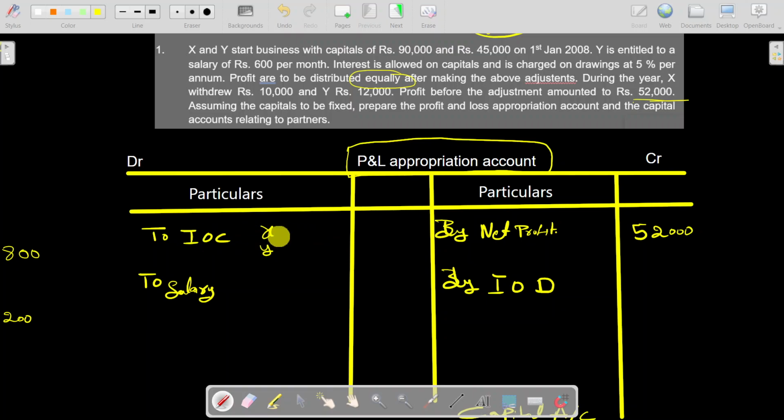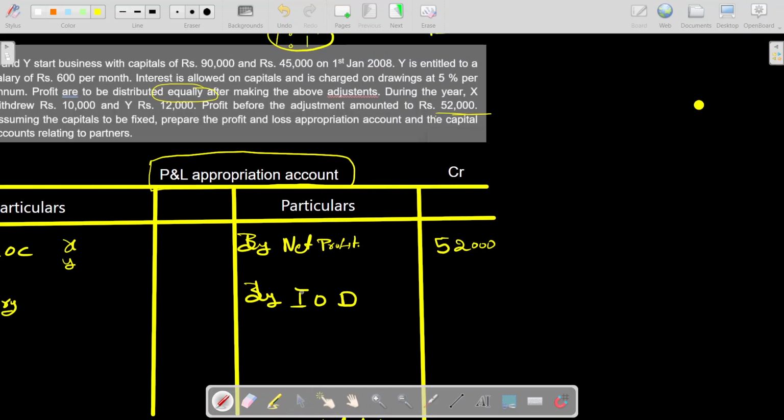And first of all, we have to calculate the interest on capital. How much interest on capitals will be charged? So first of all, how much they have capitals? They have capitals of 90,000 for X and 45,000 for Y, and interest on capital and drawings will be 5% per annum. So 90,000 into 5 by 100, 45,000 into 5 by 100.